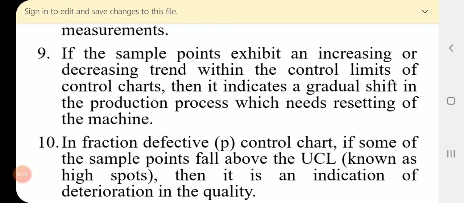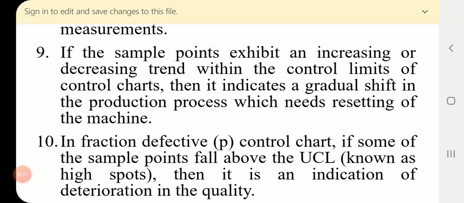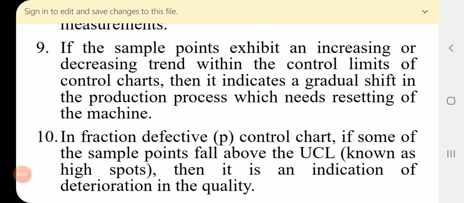Now come to another point. If the sample points exhibit an increasing or decreasing trend within the control limits of control charts, then it indicates a gradual shift in the production process.